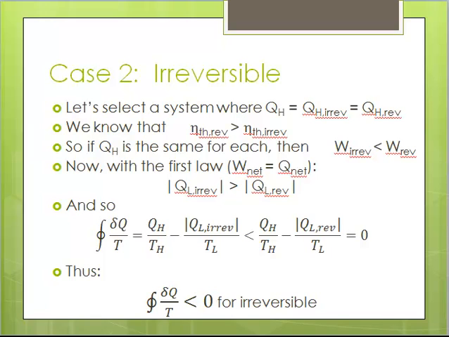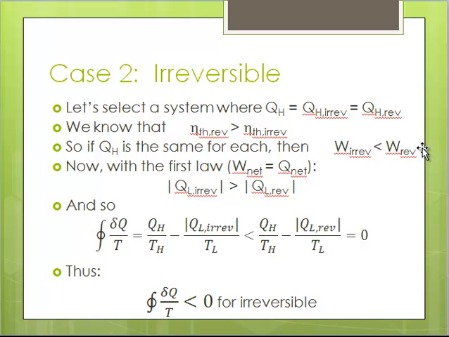So what happens in the case of irreversible? If we select a system where the Q_H is the same whether it's done reversibly or irreversibly, but now attach a cycle to it, one reversible, one irreversible, the thermal efficiency of the reversible will be greater, which indicates that the work produced by that engine would also be greater.